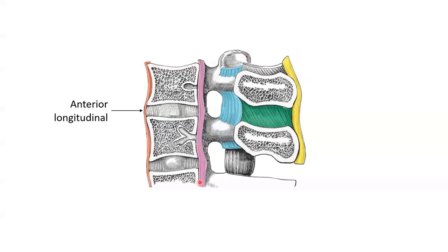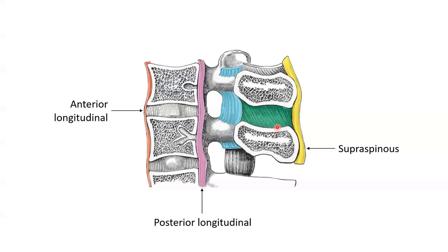This purple ligament, which runs along the back of the body of the vertebra and actually sits within the vertebral foramen, so kind of where the spinal cord sits, is our posterior longitudinal ligament. And then this yellow structure here, which sits at the very back of the vertebral column, connecting all of our spinous processes, is our supraspinous ligament.